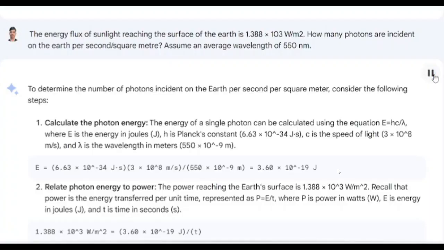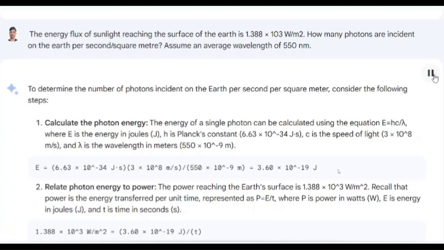To determine the number of photons incident on the Earth per second per square meter, consider the following steps. 1. Calculate the photon energy. The energy of a single photon can be calculated using the equation E equals hc over lambda, where E is the energy in joules, J, h is Planck's constant, 6.63 times 10 to the power of minus 34 Js, c is the speed of light, 3 times 10 to the 8 meters per second, and lambda is the wavelength in meters, 550 times 10 to the minus 9 meters.